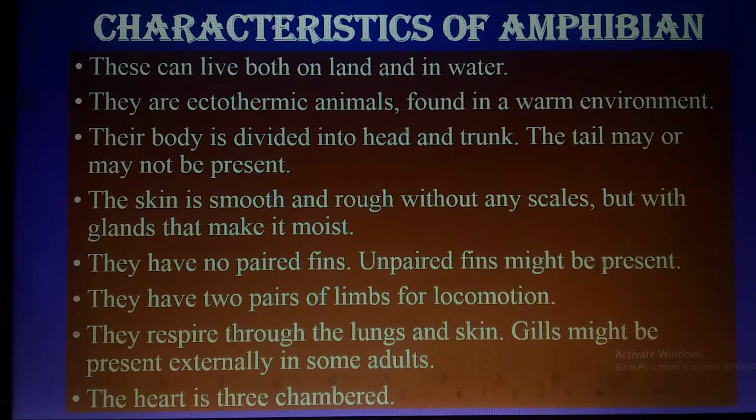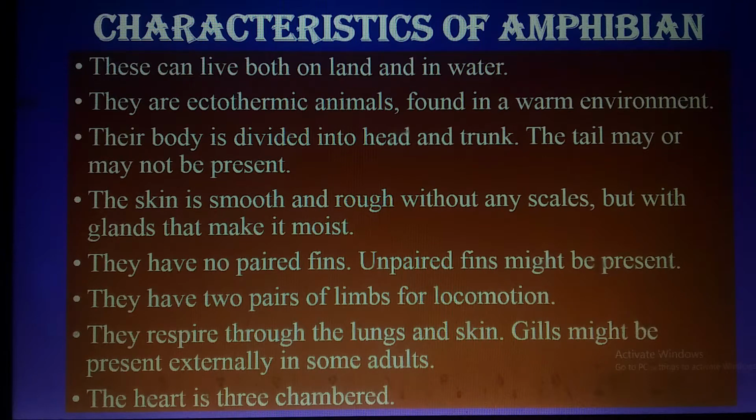A tail may or may not be present. In some classes you will see the tail, and in some you will not. In some classes the tail is present only in the tadpole stage, the early larval stage, and when they become adults the tail disappears.